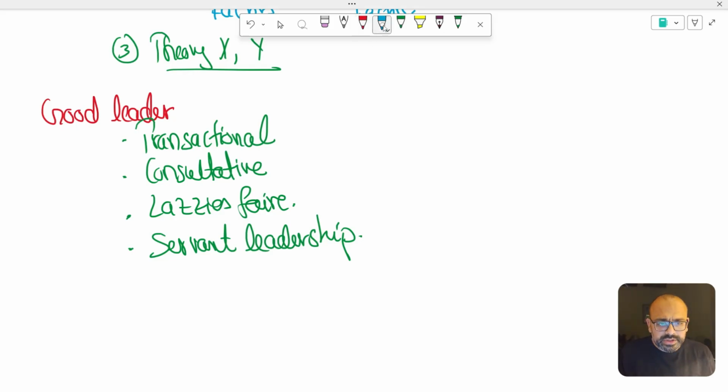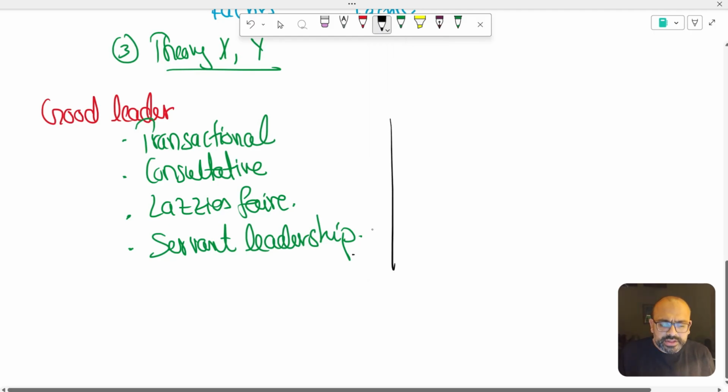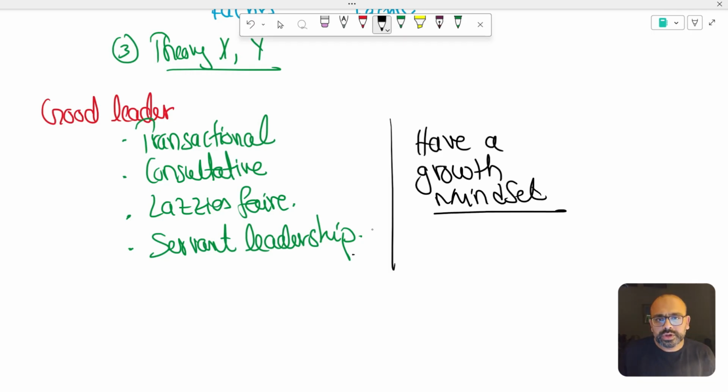And when you study leadership and the types of leadership, always keep one thing in mind. Have a growth mindset. What does that mean? It means that every person has a capacity, every person has a capability to learn something.